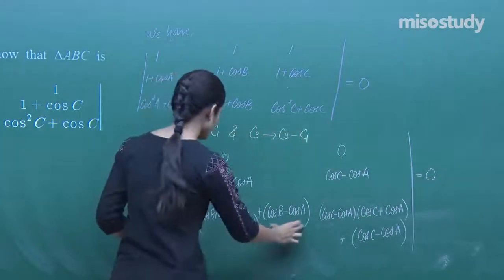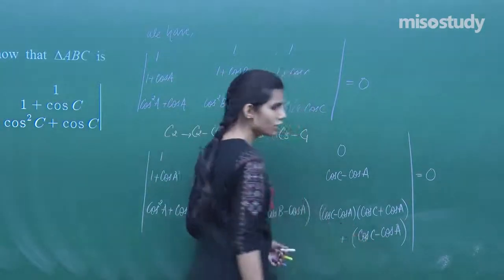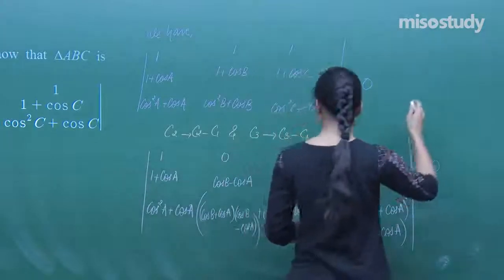Now you can see cos B minus cos A is coming out common. Cos C minus cos A is coming out common. So let's take it out.